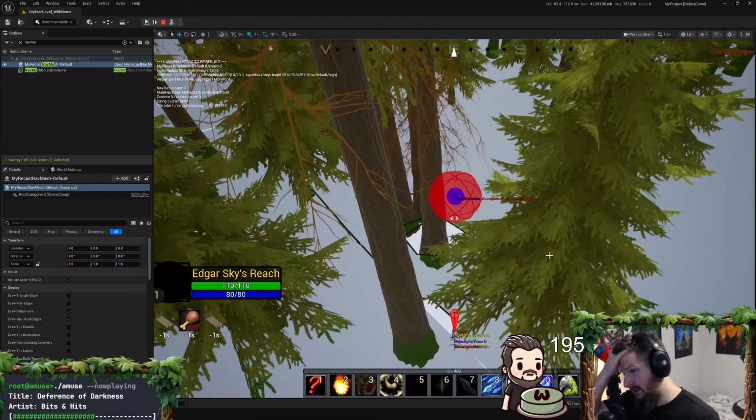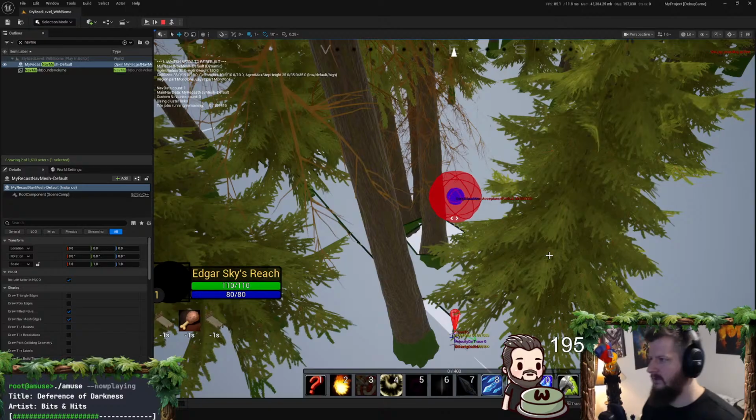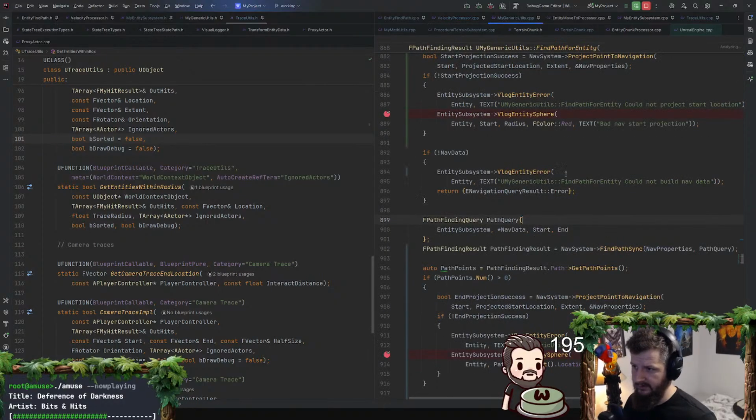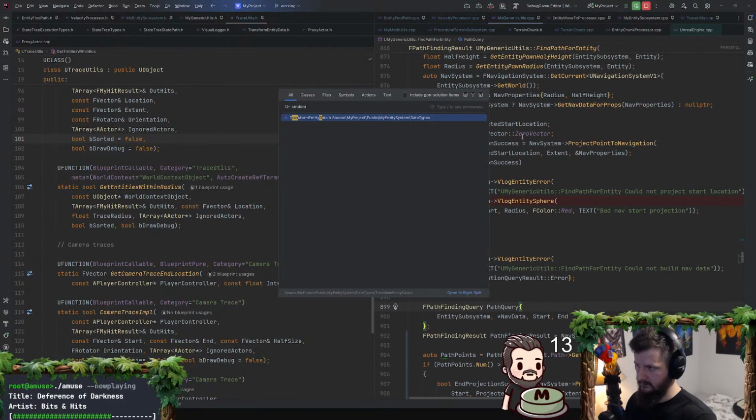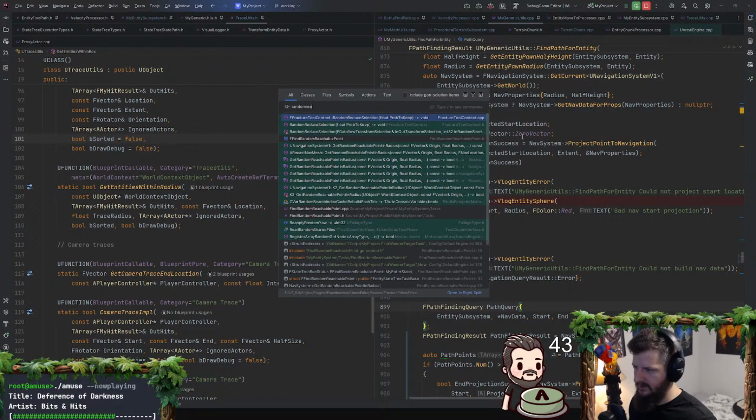But why on earth did we get that as the wander location? We are specifically projecting. First of all, that point is generated by calling what function? It's like random reachable point. Yeah.